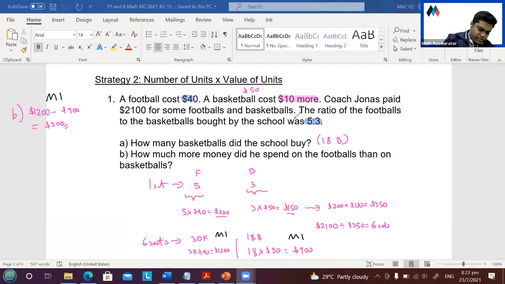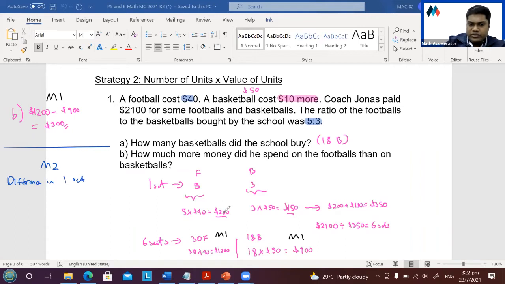Okay, you're done copying method 1 already? All right. So method number 2, they're asking for difference, right? So write down difference in one set.